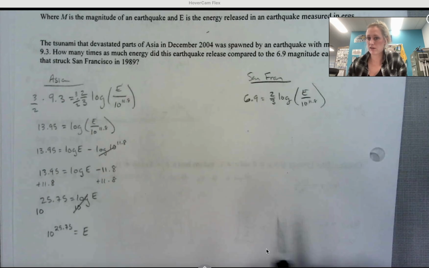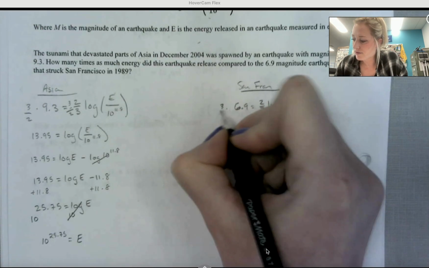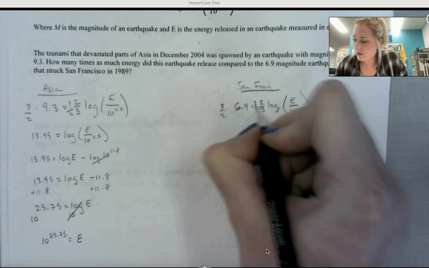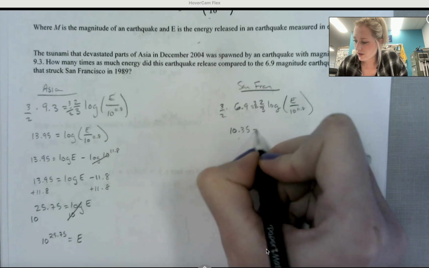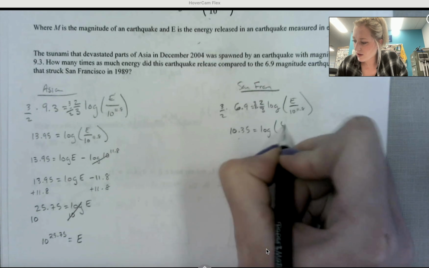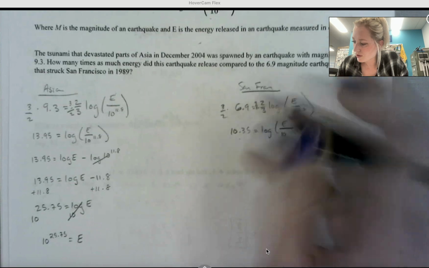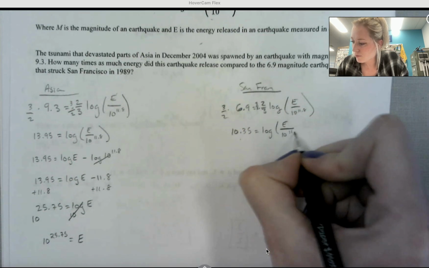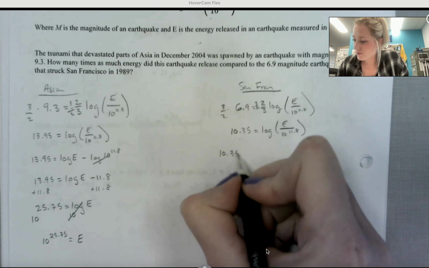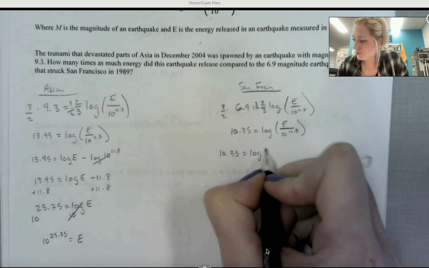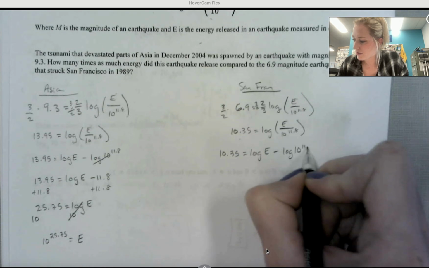We're going to do the same thing for San Fran. I'm going to start with that same step. I'm going to multiply by 3 halves to get rid of that fraction. So I'm left with 10.35 equals log of E over 10 raised to the 11.8. We're going to split that into subtraction, and we get the same exact thing we had on the other side.